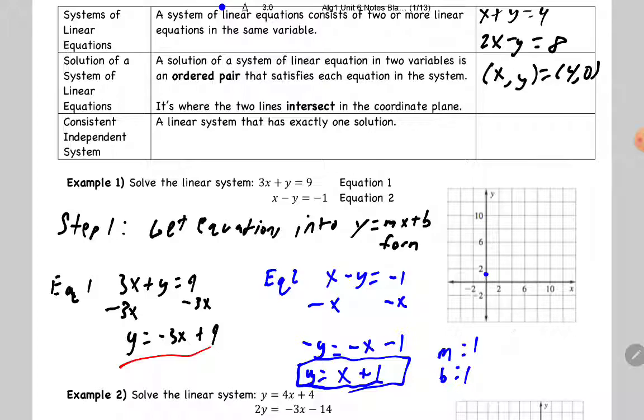And our slope is 1, so we're going to go up 1 over 1, up 1 over 1, up 1 over 1. So we notice that it's kind of doing this sort of thing.